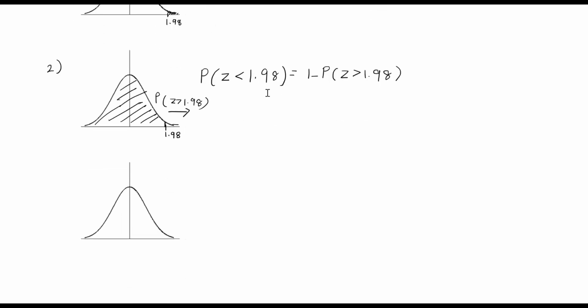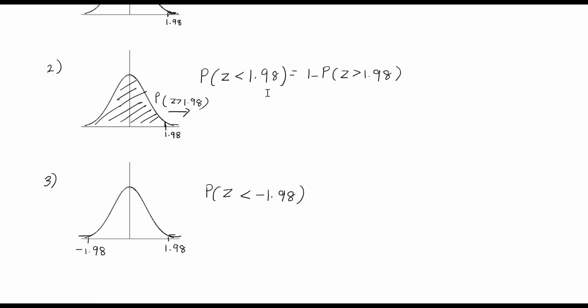Okay, now we proceed. What if you are looking for the probability z less than negative 1.98? Let's say this is 1.98. Since the normal distribution is symmetric, this is negative 1.98.